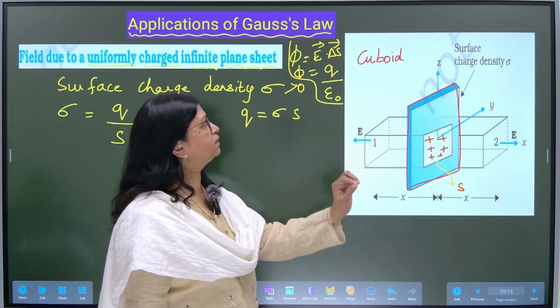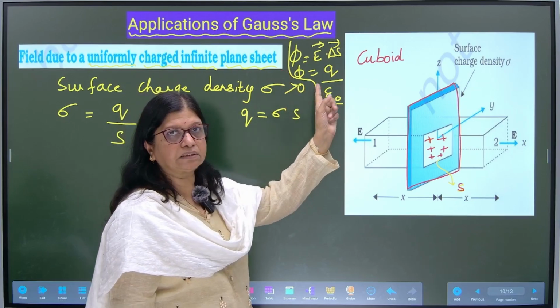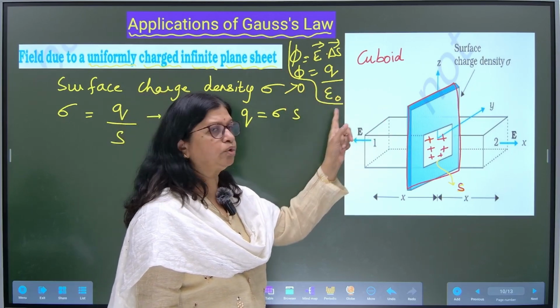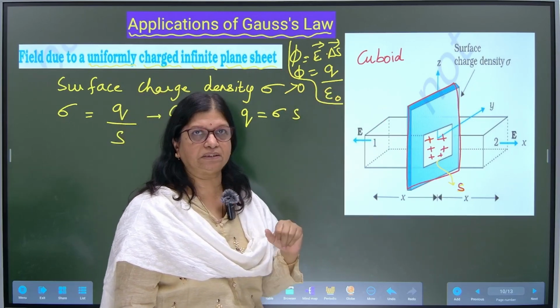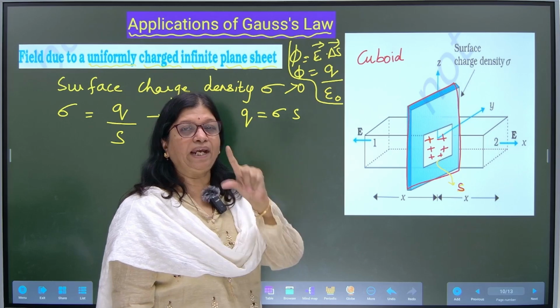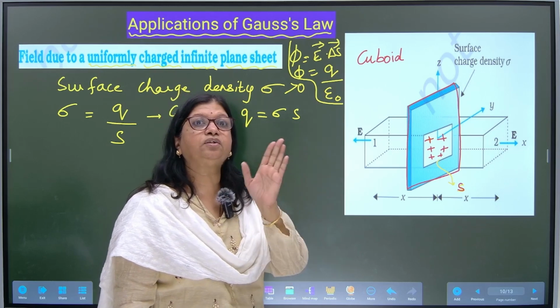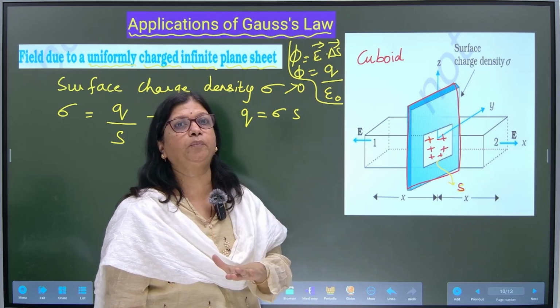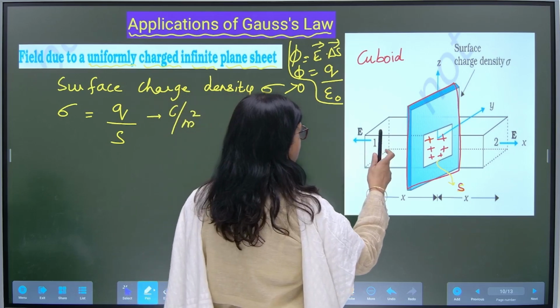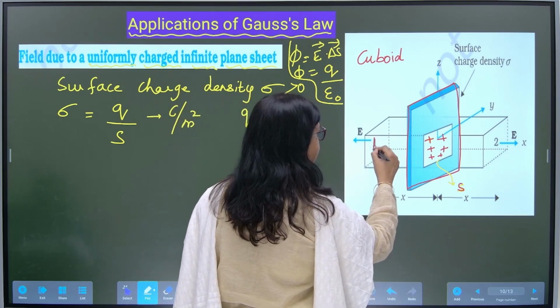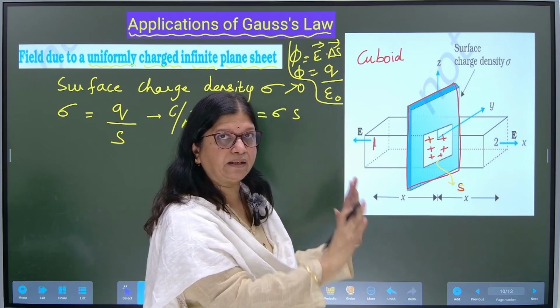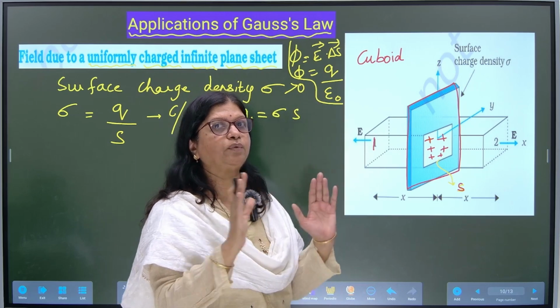So first let us consider the flux through the cuboid surface which we have considered. Let us consider three surfaces of the cuboid. Surface number 1, I rewrite it, this textbook diagram, so that you correlate with the textbook.